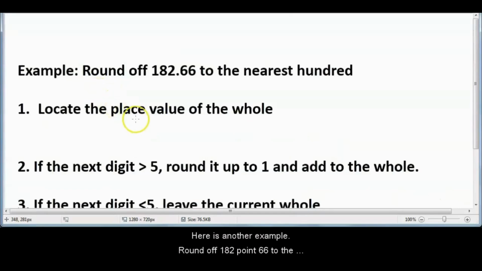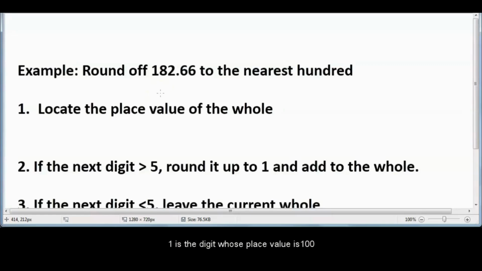Here's another example: round off 182.66 to the nearest 100. Locate the place value of the whole. We are to round up to the nearest 100. 1 is the digit whose place value is 100.